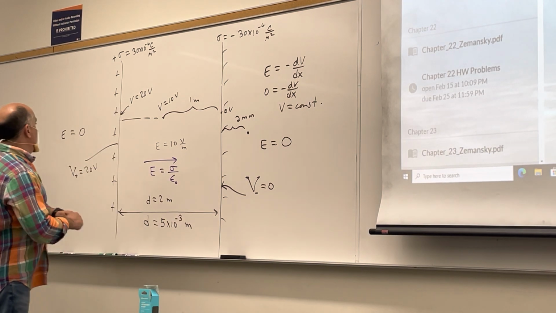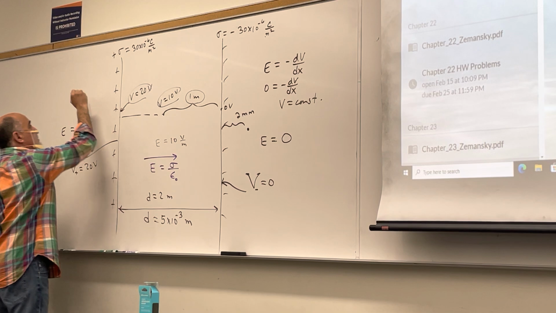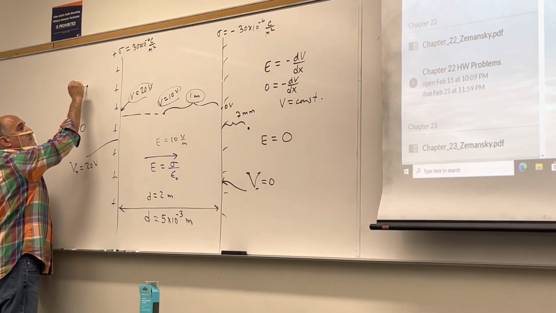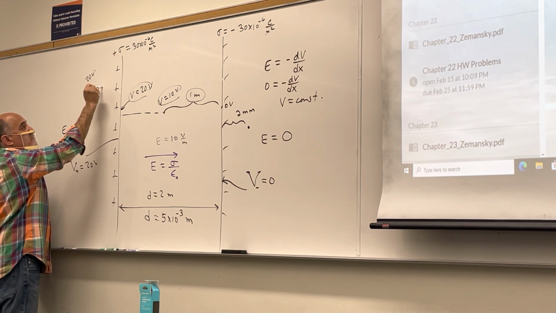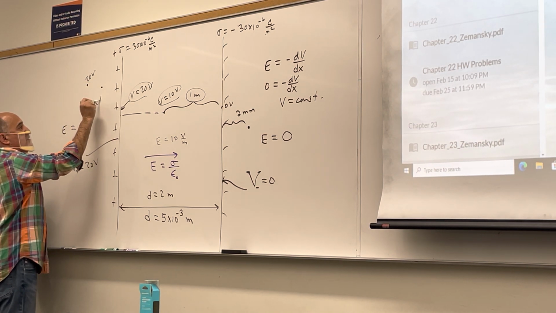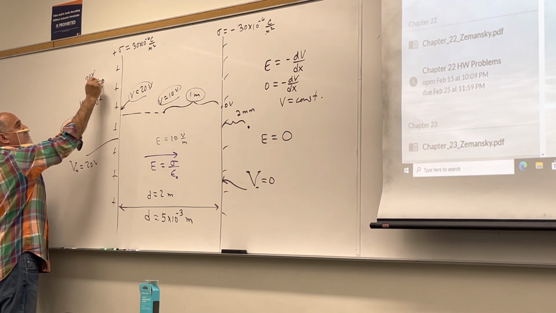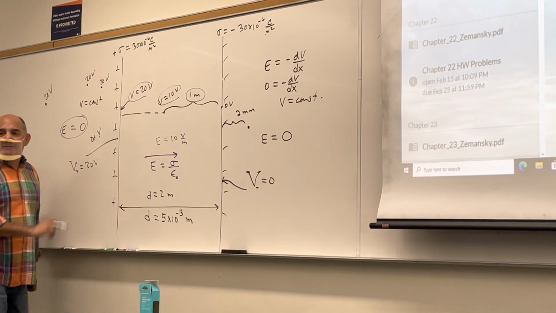What will be the potential given these numbers? What will be the potential over here? 20 volts. What is it over here? It's the same as this, because the potential has to be constant in this region, because this is 0. So this is 20 volts. What about over here? 20 volts. What about over here? 20 volts. Right?